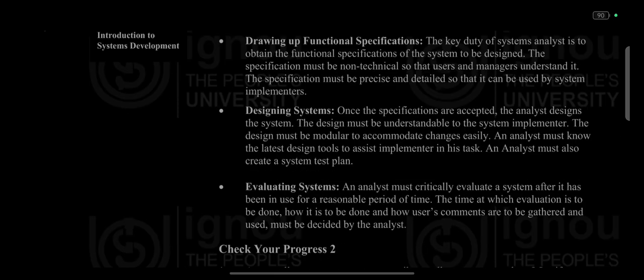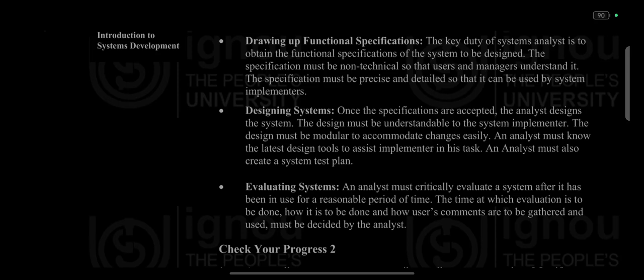Then comes drawing up functional specifications. The key duty of a systems analyst is to obtain the functional specifications of the system to be designed. The specification must be non-technical so that users and managers understand it.